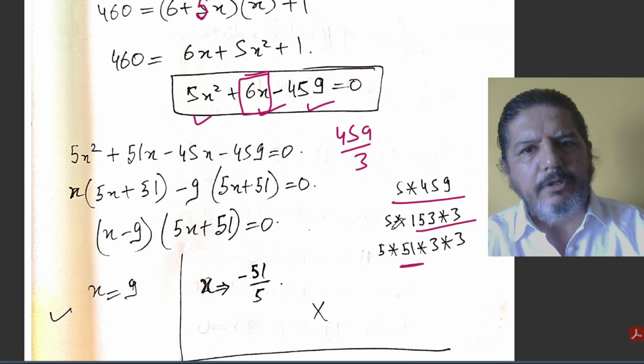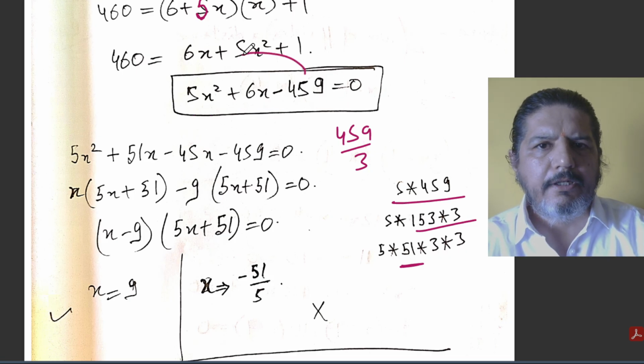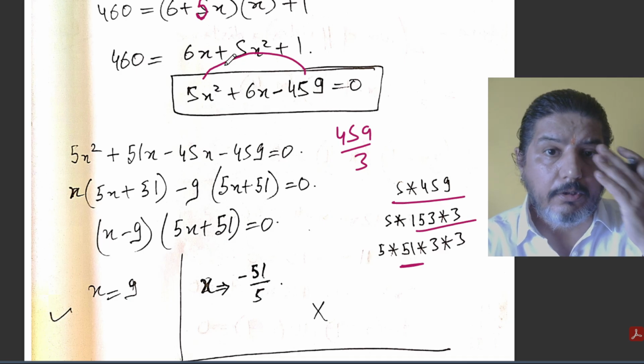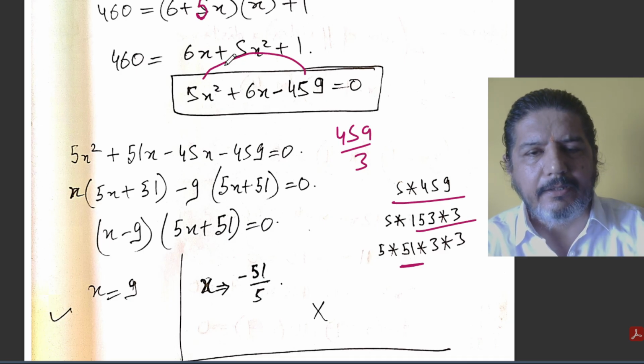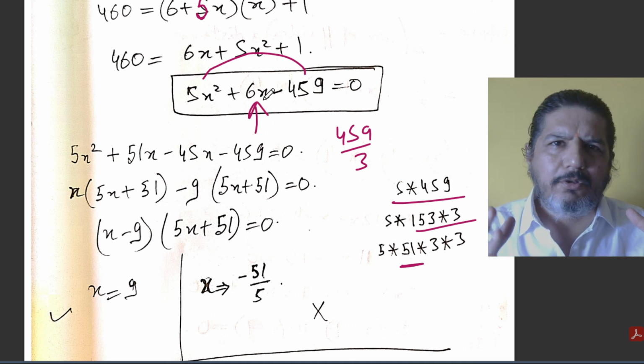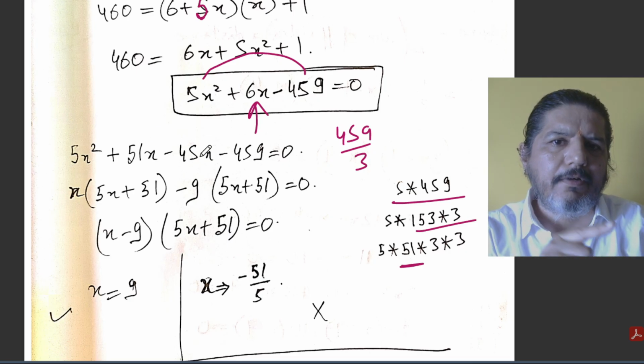And then the trick to understand is that 459 into 5 would be a big number. Now what we want is, because one of the numbers is negative, this number is small. So the two numbers would be big numbers. That is a sort of hint that I can share with you. They will be big numbers like 51 and 45.